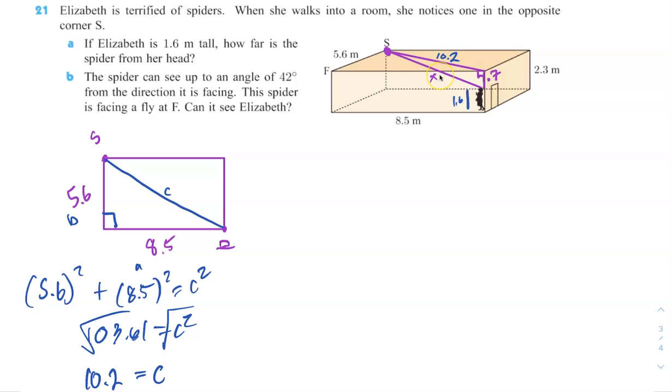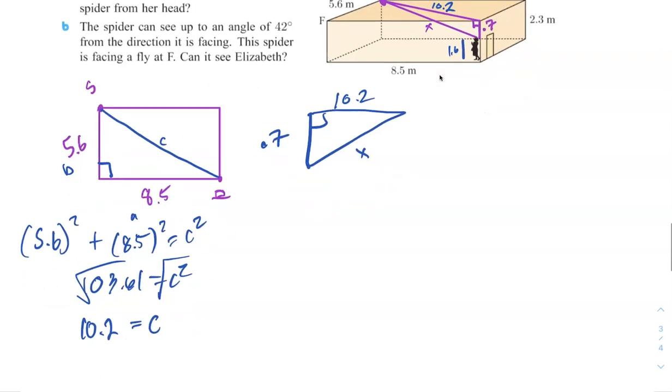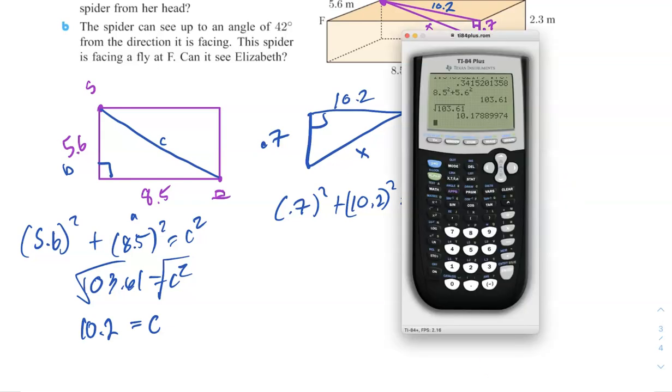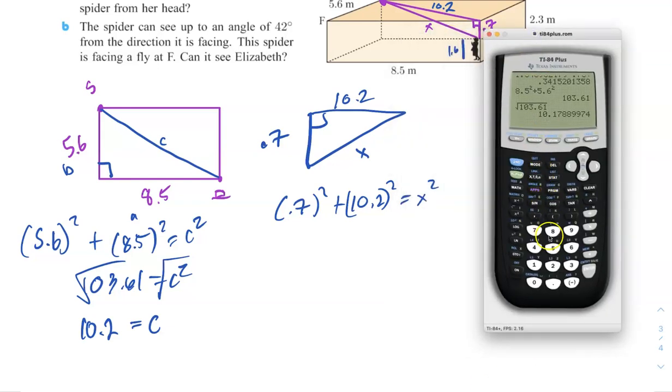So now I can figure out the distance from her head. We have another triangle, where this side is 0.7, this is 10.2, and this is what we're looking for. So Pythagorean theorem again: 0.7 squared plus, let's just use this answer from here.